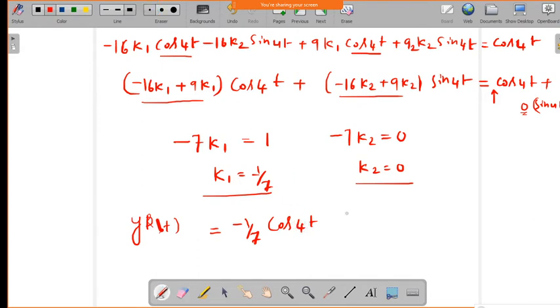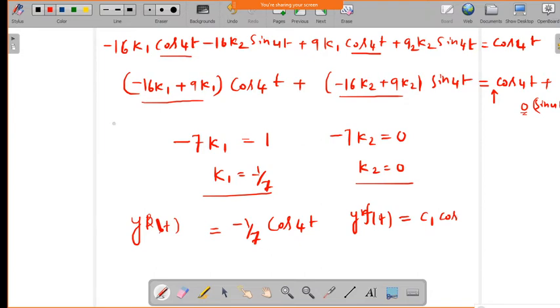So, now what is the total response, that is the forced response yf of t, which is equal to, so we have found out the value of k also. So, we need to find the value of C, right. So, just put the value of the k value and write the forced response, which is nothing but C1 into cos.